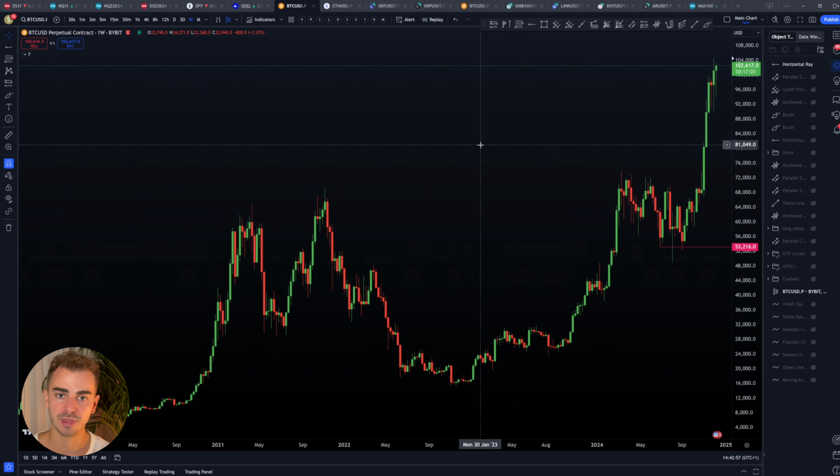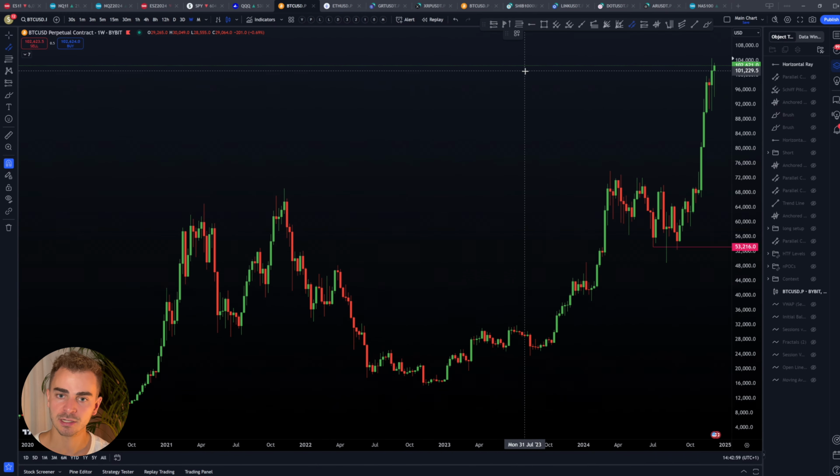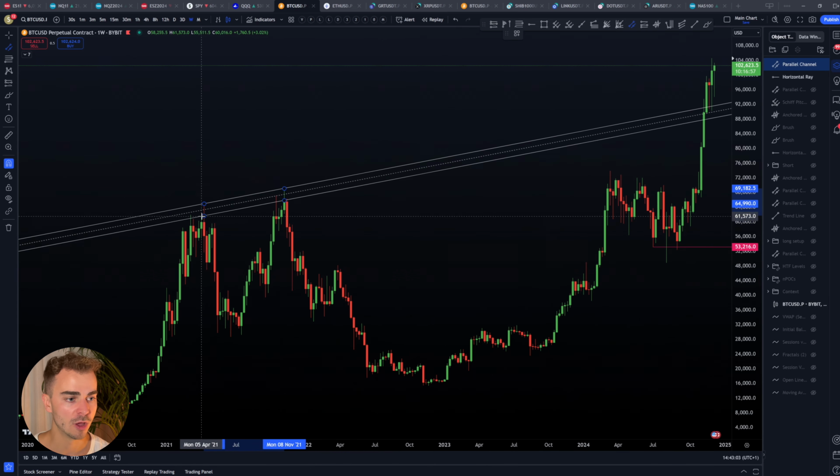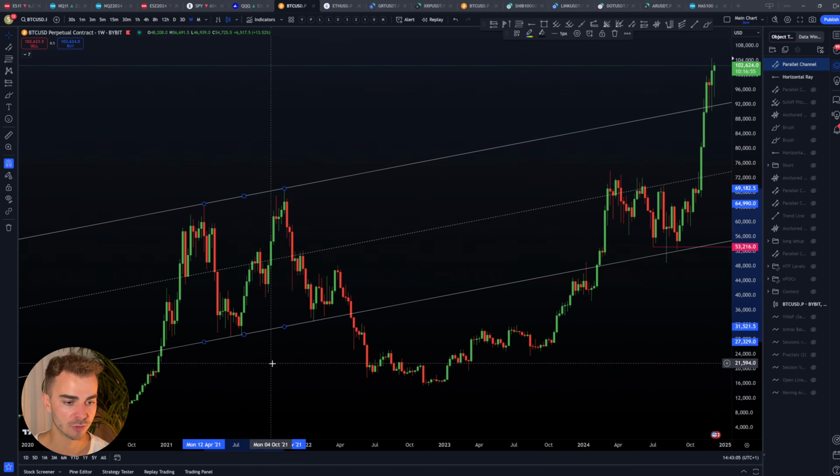Besides that, we can look at ranges. Whenever a market is not trending, that means not forming higher highs and higher lows or lower highs and lower lows, price is typically forming a range and consolidating in a range. For that, we can use our channel tool in TradingView and analyze this price action here for the previous all-time high range.